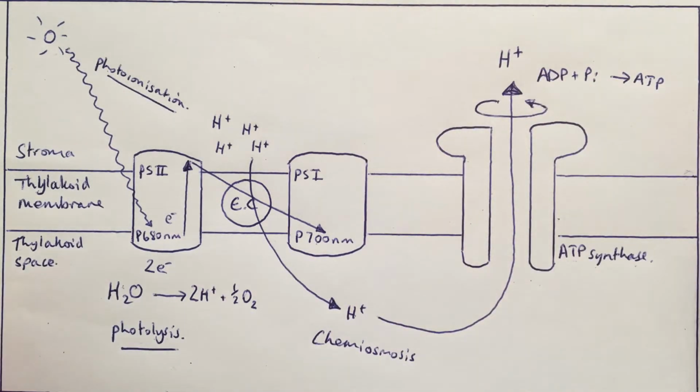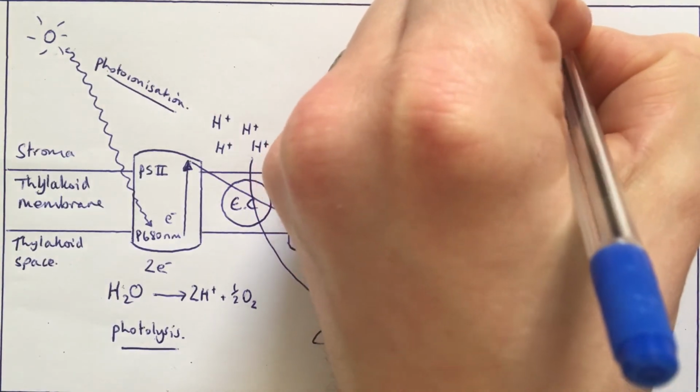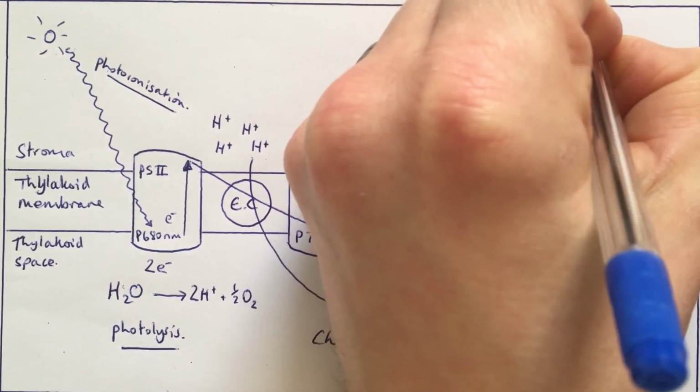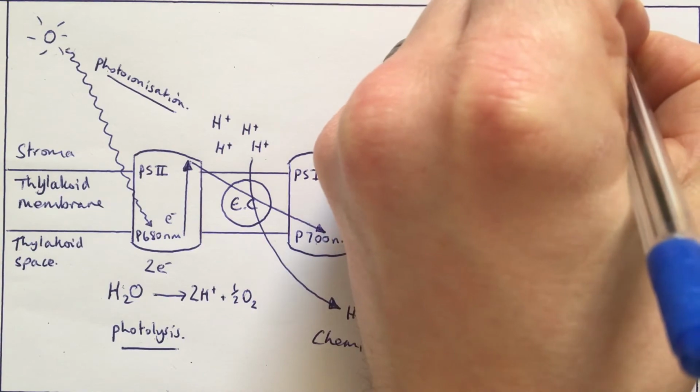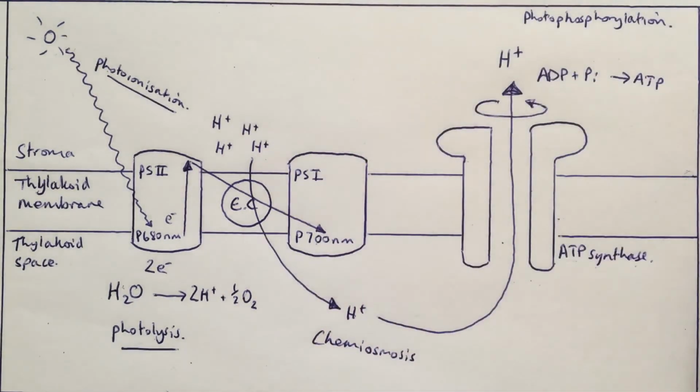So we've used light effectively to make ATP. That is called photophosphorylation.